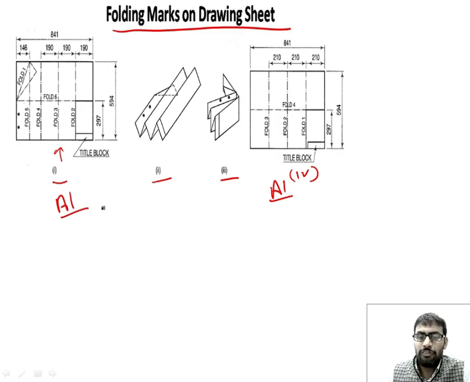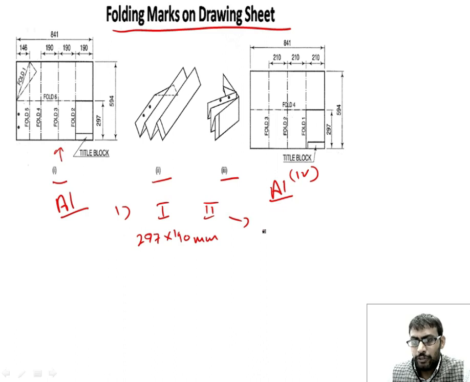And what standard size will we go for? Basically, we use two methods here, method 1 and method 2. In method 1, the folded size should be 297 into 190 mm. In method 2, the folded sheet has the size 297 into 210 mm.